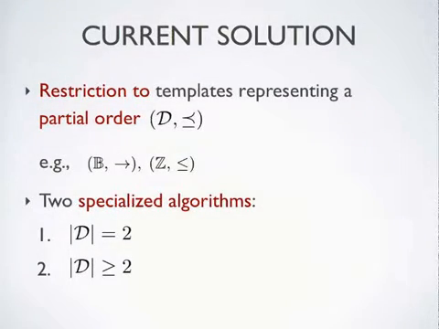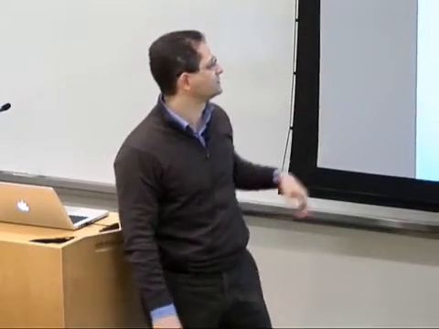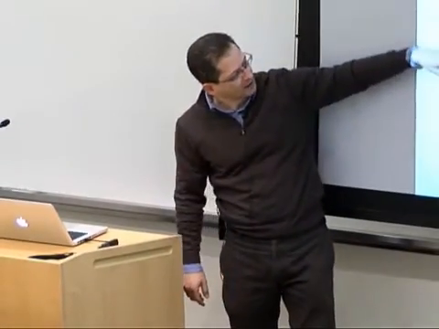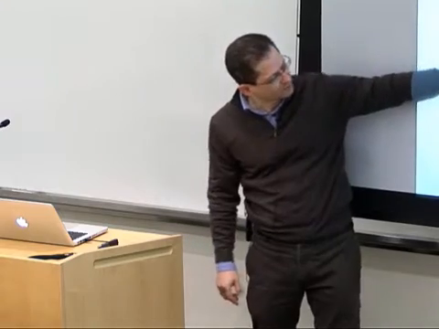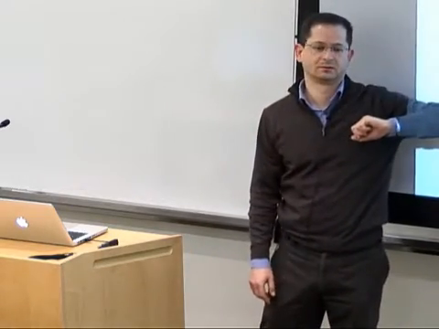So we have two algorithms for doing this, which depend on the size of the domain in question. Remember, the template is a partial order with respect to some domain. The Booleans were one example, the integers were another example. We have a general mechanism that works for any binary domain and for any non-binary domain.